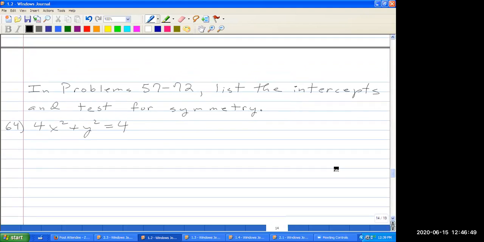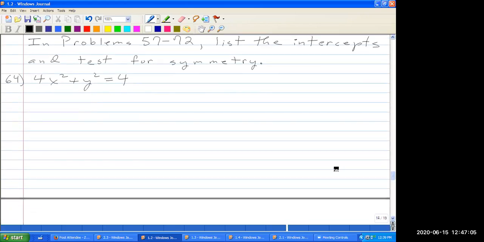Problem 64. In problems 57 through 72, list the intercepts and test for symmetry. Okay. So let's first find the intercepts. Let's look for the x-intercepts first.